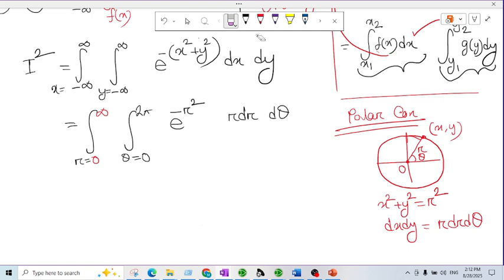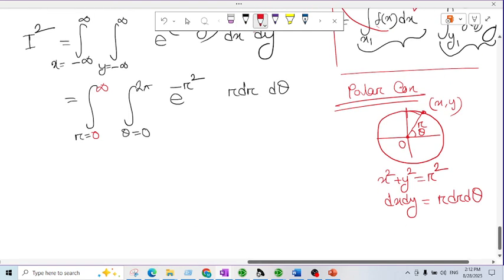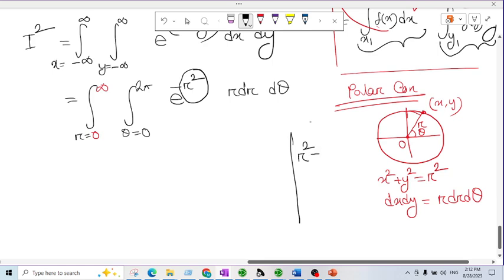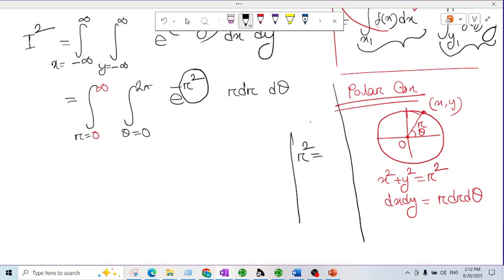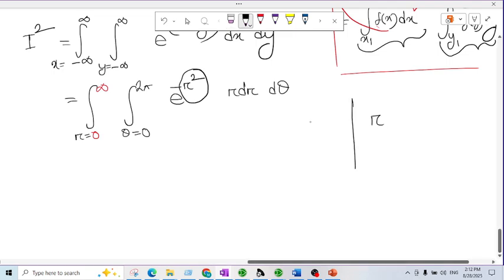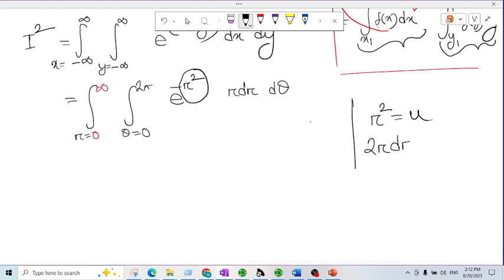Well, so let's do the integration now. Here you have r square, so let's assume that r square is equal to u. As r square is equal to u, 2r dr is equal to du, right?